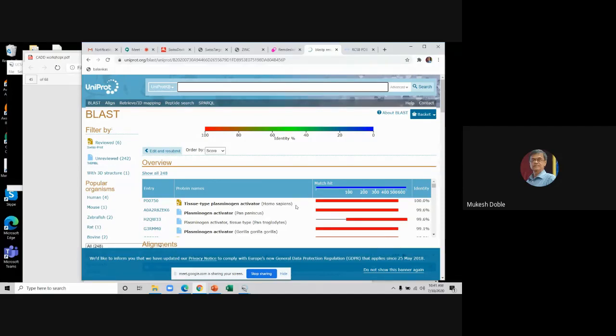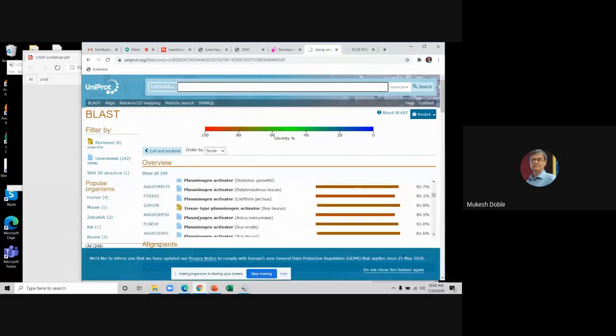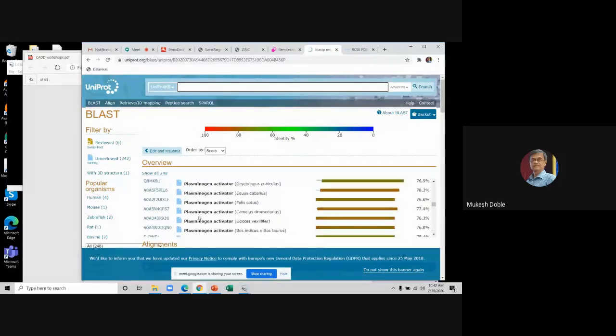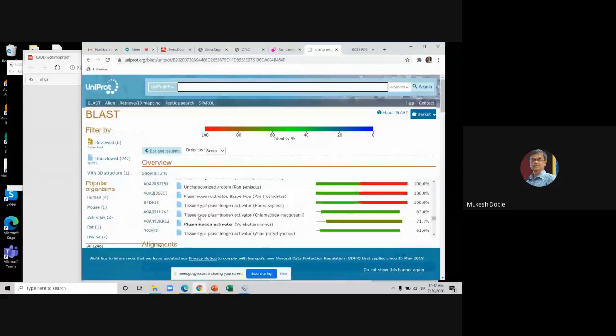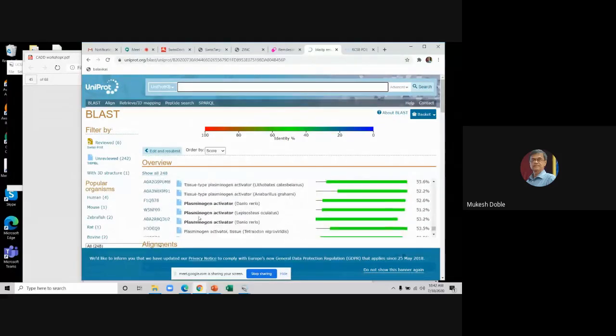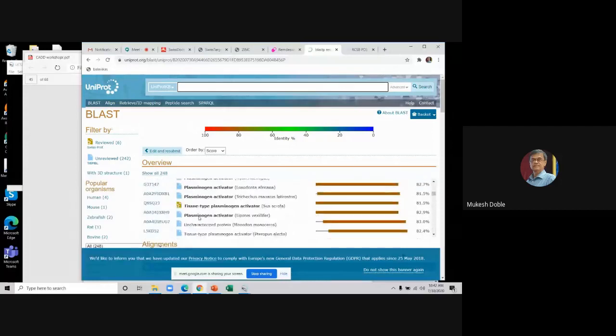So it gives you the sequence comparison with the different protein sequences, as you can see here. The program which does this job is called BLAST, which you might have studied in your bioinformatics course.